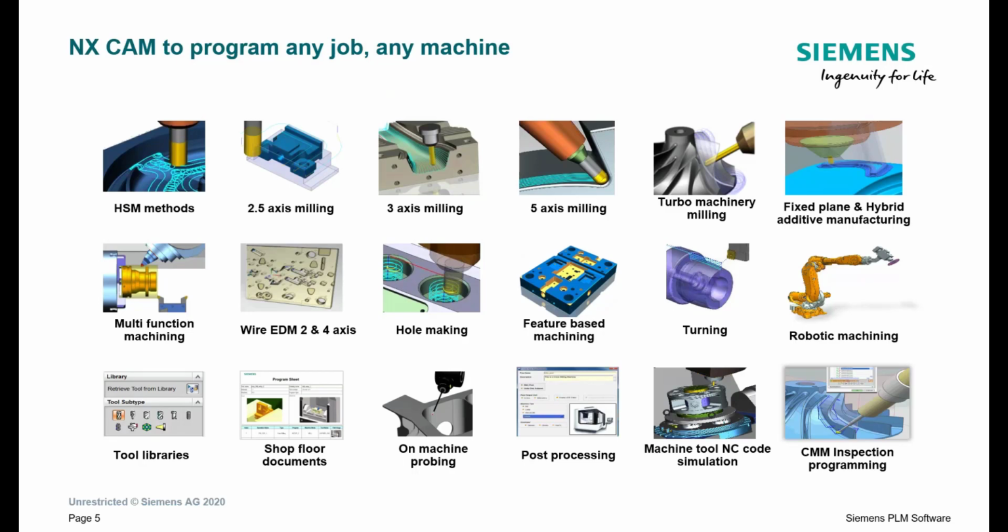High-speed machining methods, 2.5 axis milling, 3 axis milling, 5 axis milling, turbomachinery milling, fixed plane and hybrid additive manufacturing, multifunction machining, 2 and 4 axis wire EDM, hole making, turning, robotic machining, extensive tool libraries, efficient shop floor documents, on-machine probing, post-processing, machine tool NC code simulation, and CMM inspection programming.